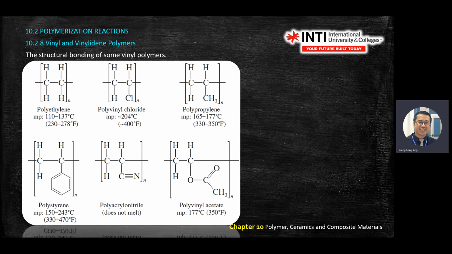If you replace with CH3, it becomes polypropylene. You replace with the ring, it becomes other things. You replace H with this one, then it becomes one thing. You replace this one, it becomes another thing. The main idea here is that you take the ethylene structure and replace one of the H with other things, and it becomes a vinyl polymer. That is the main concept.